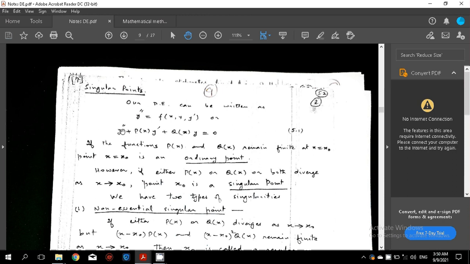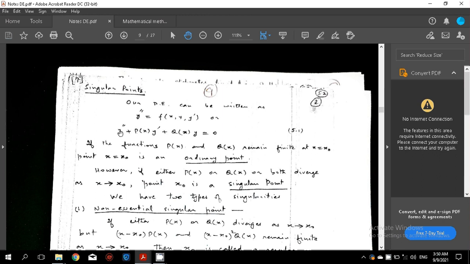So in the standard form, y double dash must have a coefficient of 1 only, and whatever is then attached to y dash is known as the polynomial p(x), and whatever is associated with y is known as the polynomial q(x).